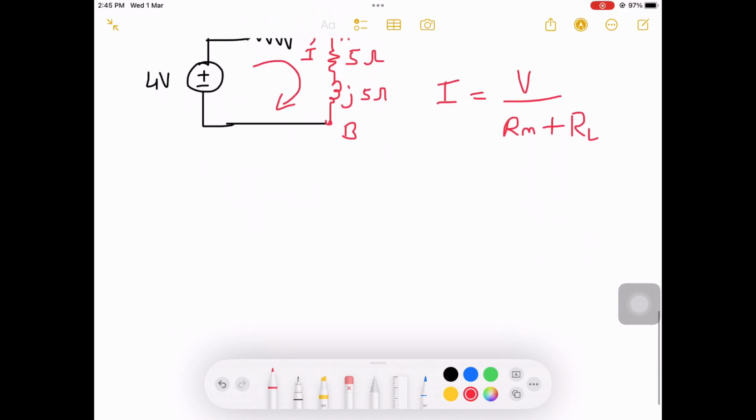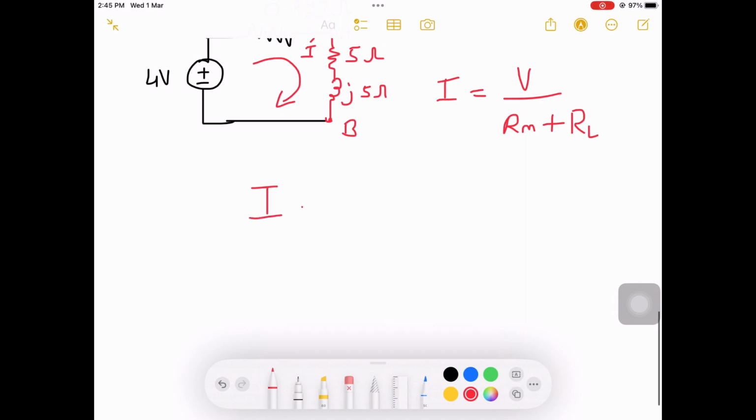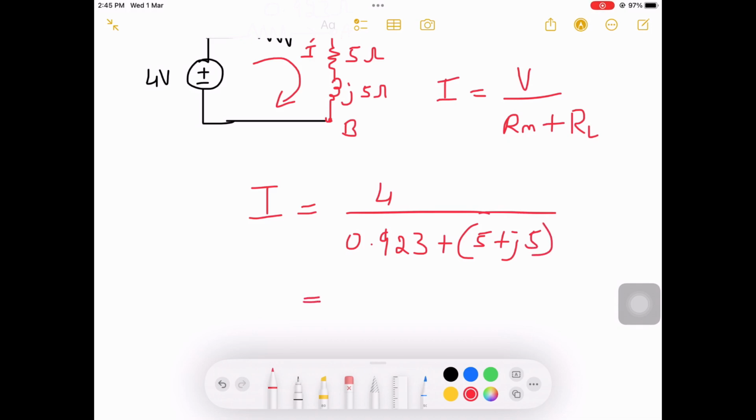Substituting, Rm is 0.923, we get I equal to 4 divided by 0.923 plus 5 plus j5, which gives the answer 0.516 at an angle of minus 40.16 degrees.